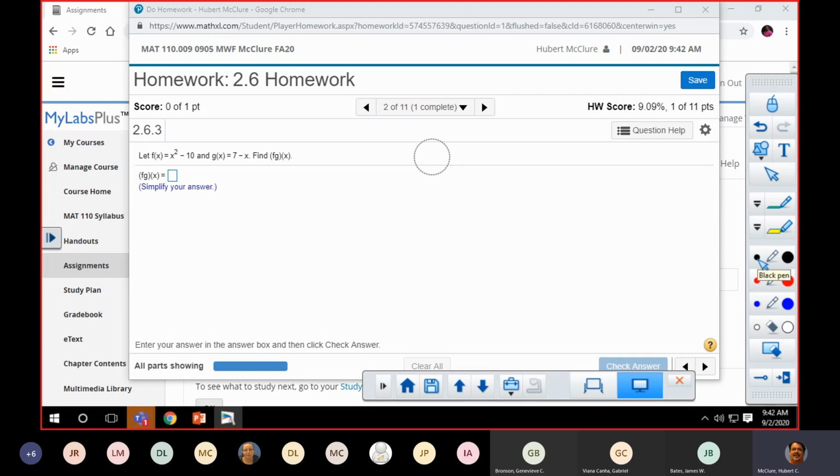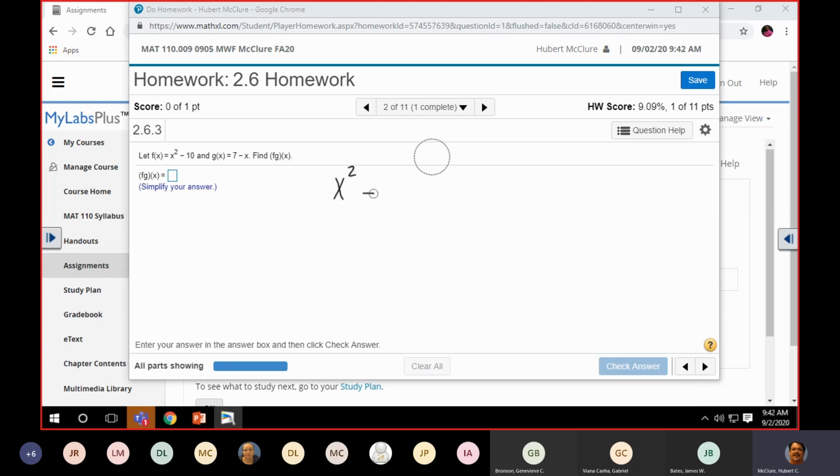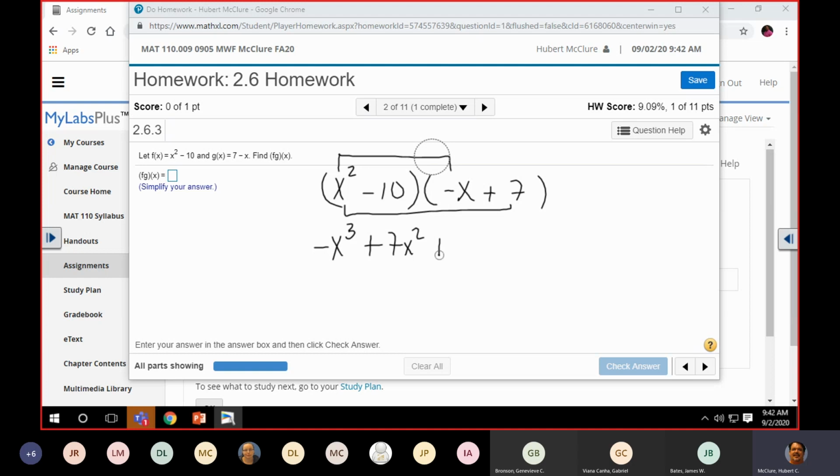So that's going to be x squared minus 10 times negative x plus 7. First is negative x to the third, outside is plus 7x squared, inside is plus 10x, and last. That's it, because you can't combine anything.